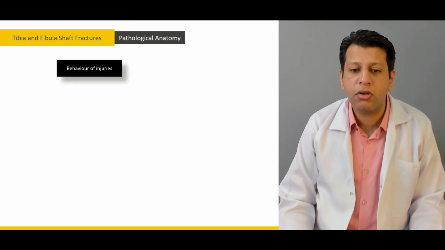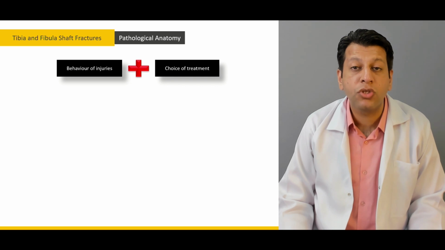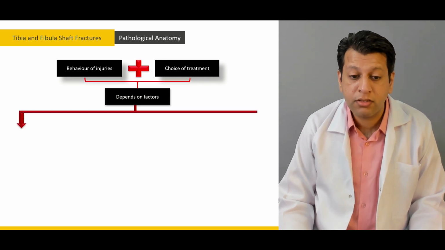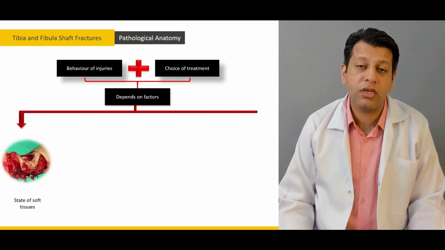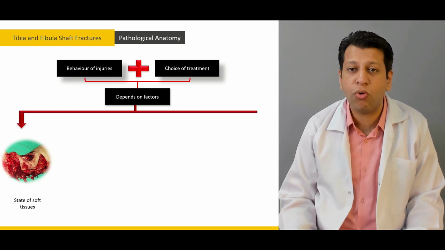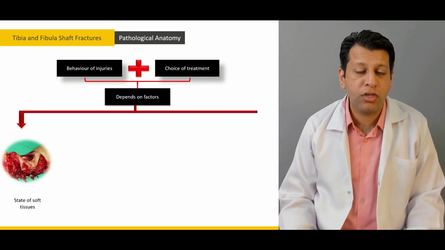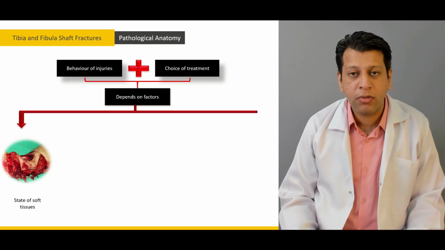Now coming to the pathological anatomy. Depending upon the behavior of the injuries, the choice of treatment usually depends on different factors, such as the state of the soft tissue. Why? Because the tibia is a bone that is always associated with open fractures. This open fracture could mean a puncture wound in which the bone came out and went back in, and when you examine the patient there is no bone exposed to the air.